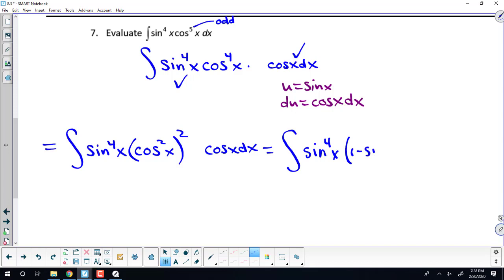Could you have turned everything into cosine with those? Sine squared of x equals 1 minus cosine 2x over 2, and use both of those identities. So even from the beginning, after you split it off into sine to the fourth and cosine to the fourth, couldn't you use sine squared of x equals 1 minus cosine of 2x over 2, and cosine squared of x equals 1 plus cosine 2x over 2?